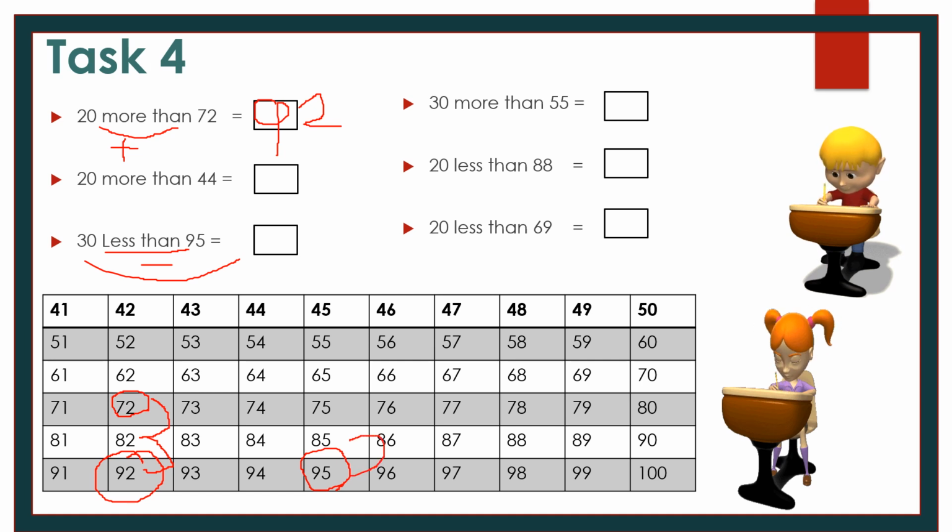So 95 to 85, 1 ten. 85 to 75, 2 tens. 75 to 65, 3 tens. So I am counting back 3 tens from 95, which gives me the number 65. So here my answer is 65. I want you guys to solve the remaining 4 problems. Just use the same method that I've used and try to solve.